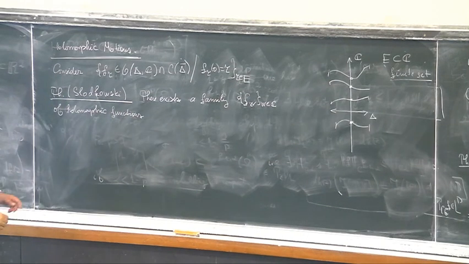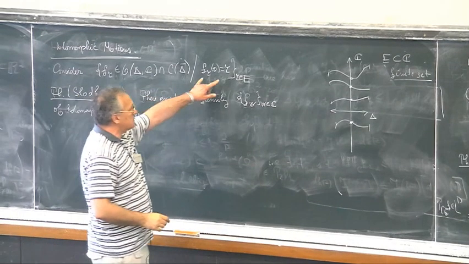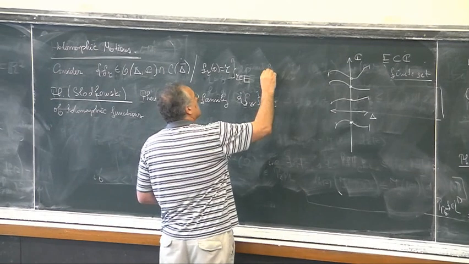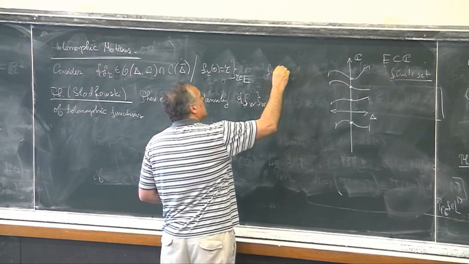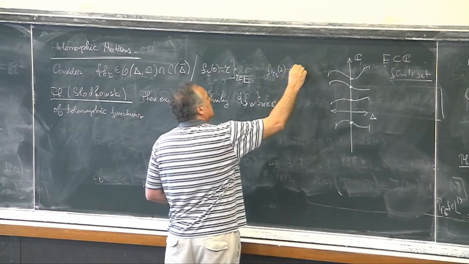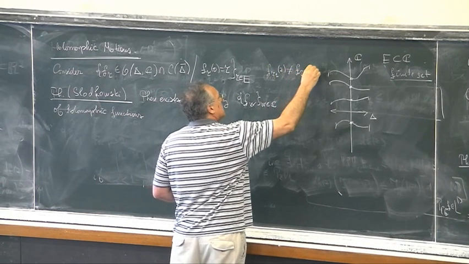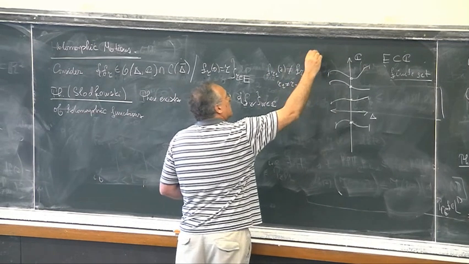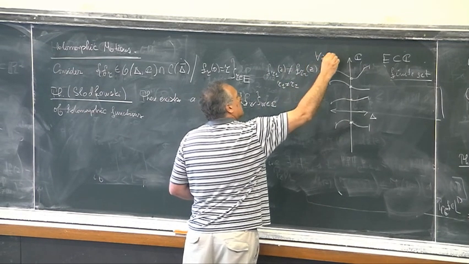We suppose that the graphs of these functions do not intersect. So f tau 1 of z is not equal to f tau 2 of z if tau 1 is not equal to tau 2, for all z in the disk.